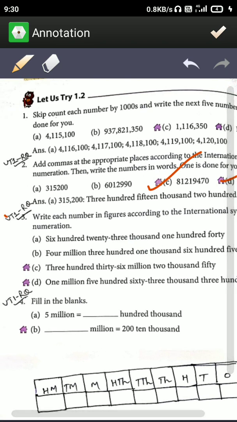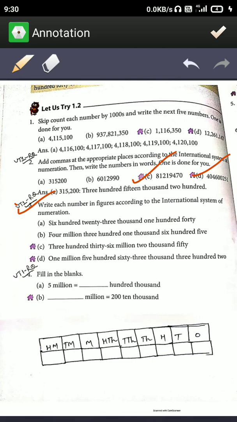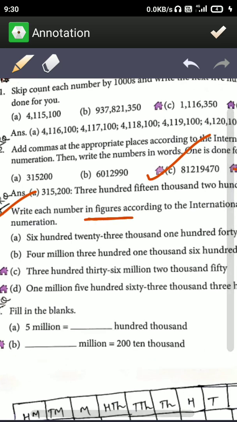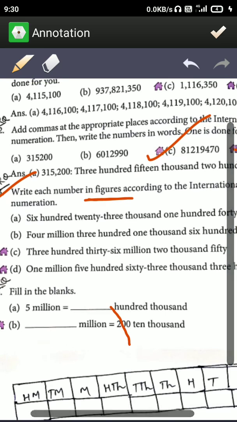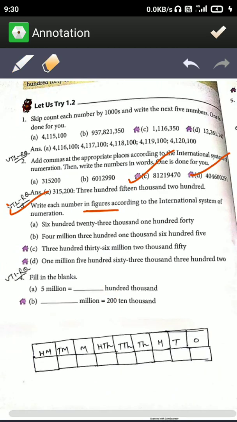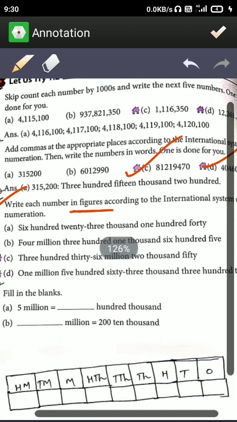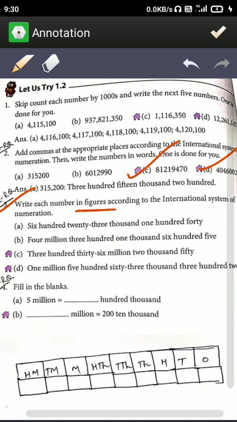Next is the third question. The third question says write each number in figures, according to the international system of numeration. To write in figures in the international system of numeration, again you have to make a place value chart.